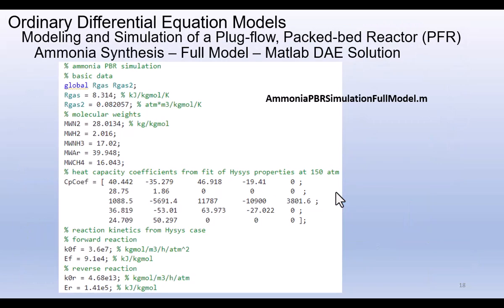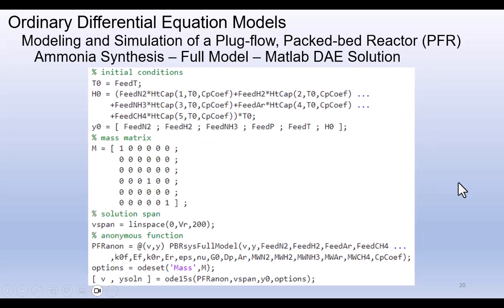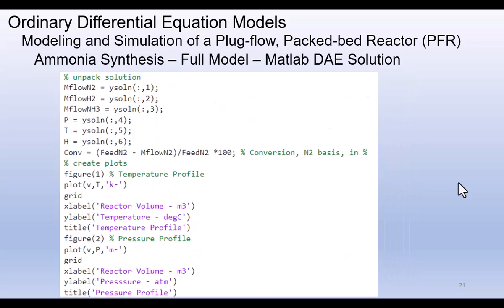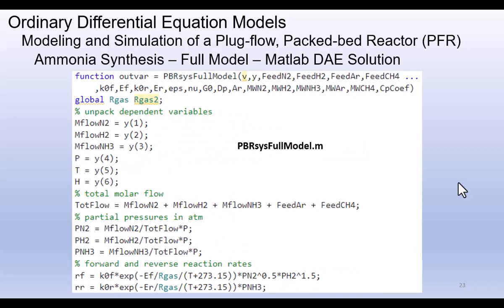And again, this is the code for the full model that we looked through before, very similar, except now it has some additional information that's required for the Ergun equation. And we end up solving it at the bottom here with ODE15s, unpacking the solution and making our plots, and then at the end saving our variables for that comparison script.